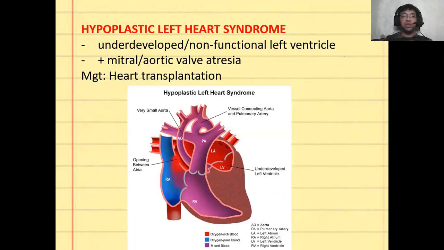The only option that they have with this type of congenital heart defect is heart transplantation, because the surgeons can no longer correct this type of defect found within the heart of the infant. They need a new heart with this type of defect, or else they are going to die. Prognosis here is very, very poor.